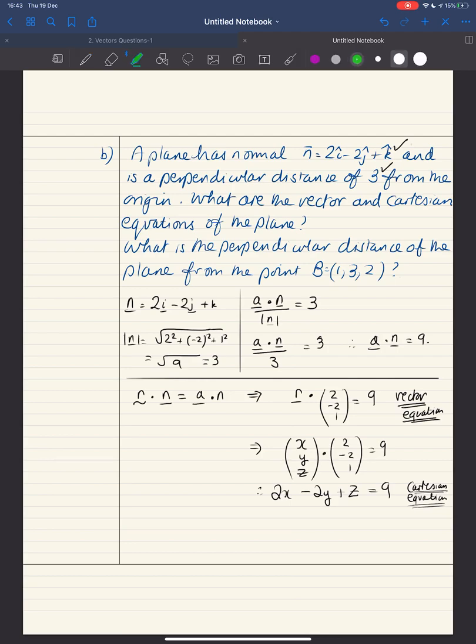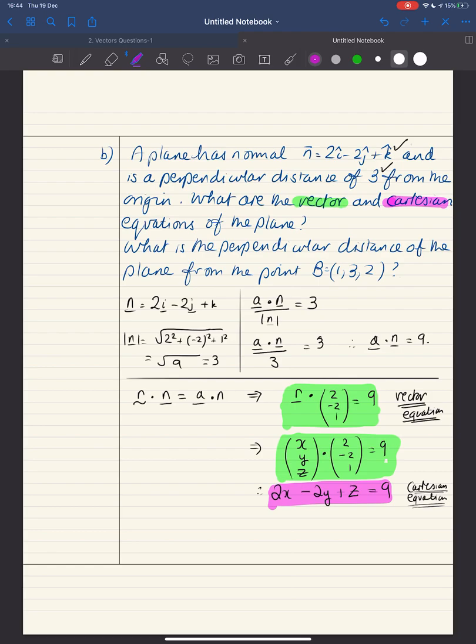Let's do some colouring in here. So the vector equation, well, I suppose that's a vector as well. They're vectors. Or that one could be a vector equation. Okay, and then this one is the Cartesian equation, which is there.